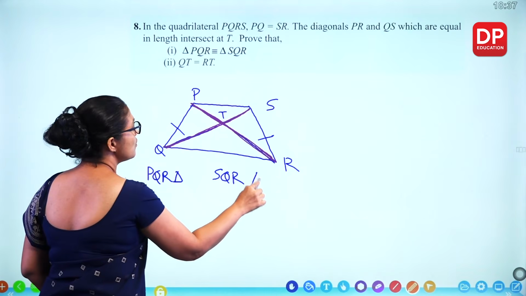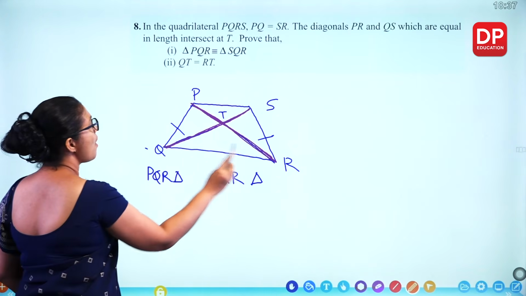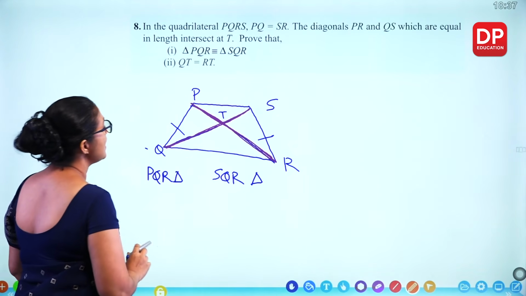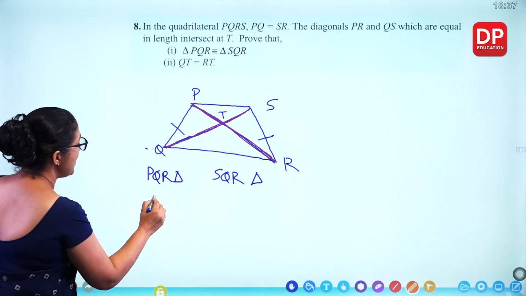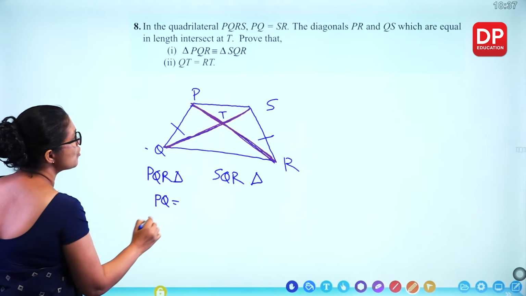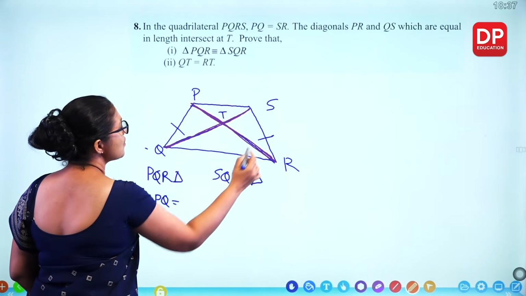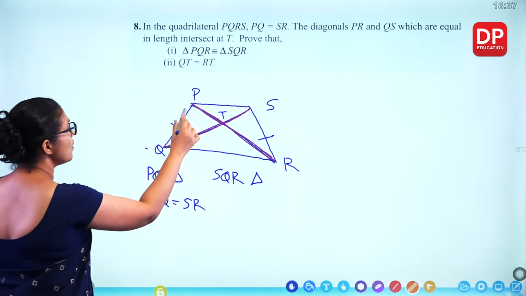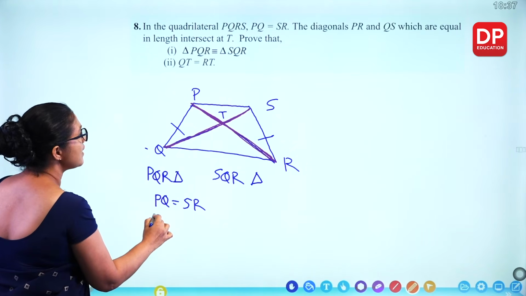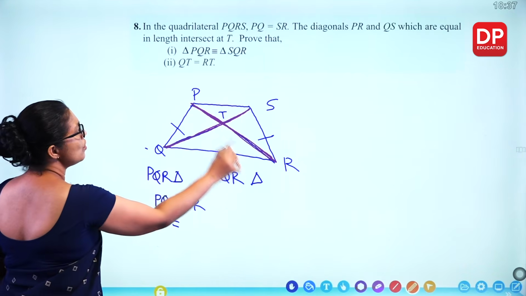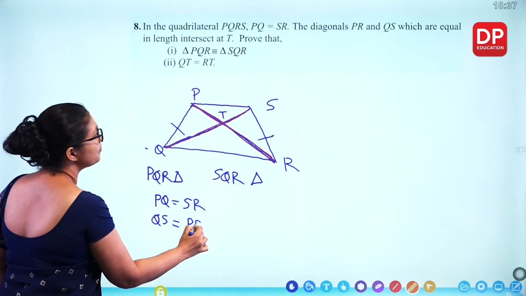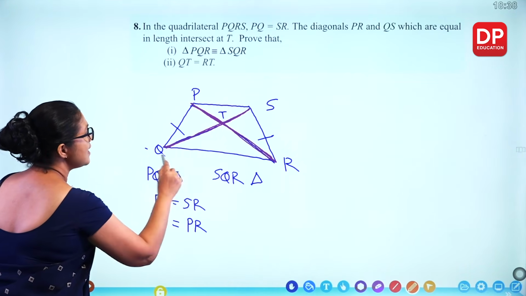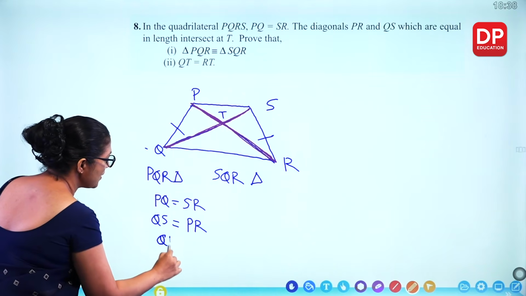Now we'll look at those two triangles. In PQR, PQ is equal to SR in that triangle. And also we know that QS is equal to PR. Now you can see QR side is common.